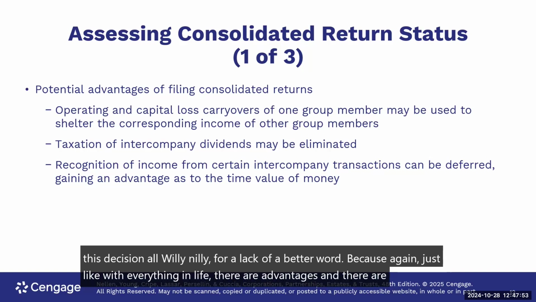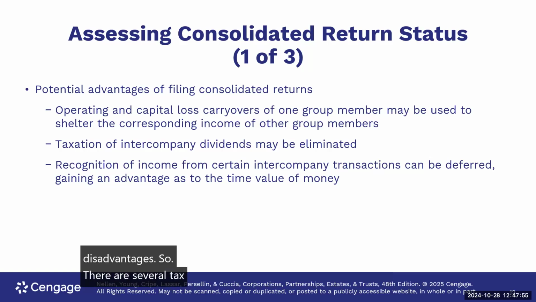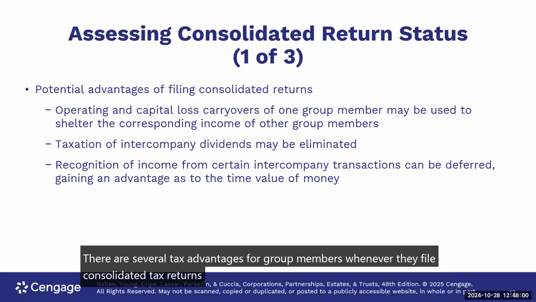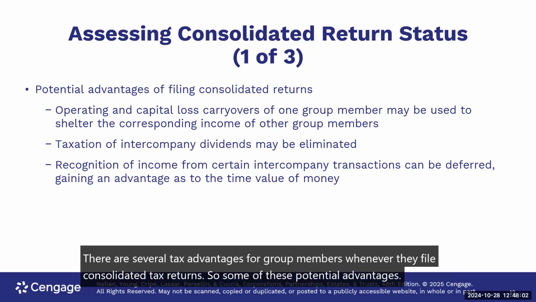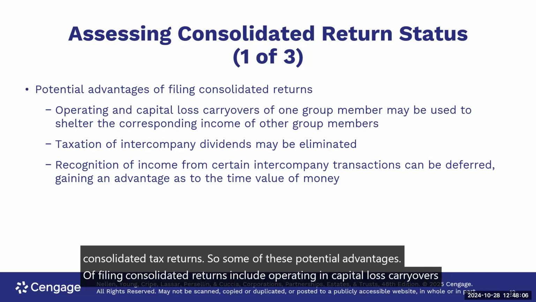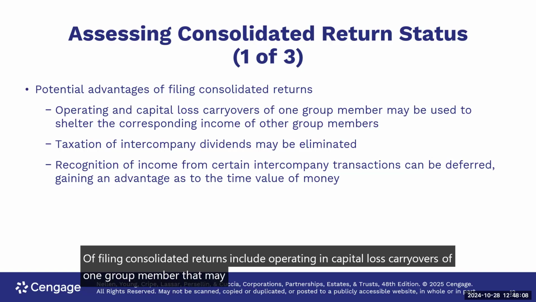So there are several tax advantages for group members whenever they file consolidated tax returns. Some potential advantages include operating and capital loss carryovers of one group member that may be used to shelter the corresponding income of other group members.